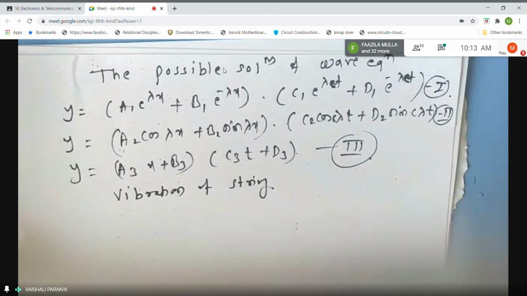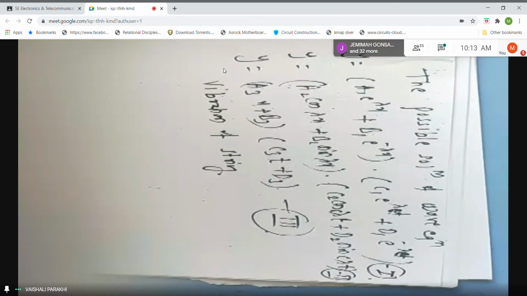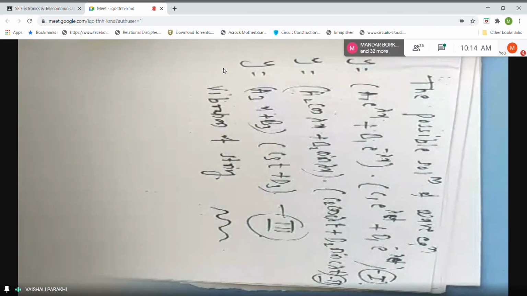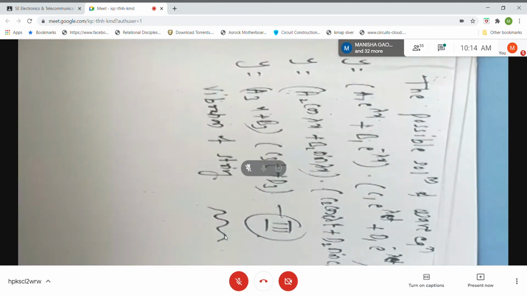So when we are dealing with vibration of string, y must be a periodic function of x and t, because you are writing y is equal to x into t. When the string is vibrating, we know that we are getting the wave like this, right? So definitely it is the vibration of string. Means what?